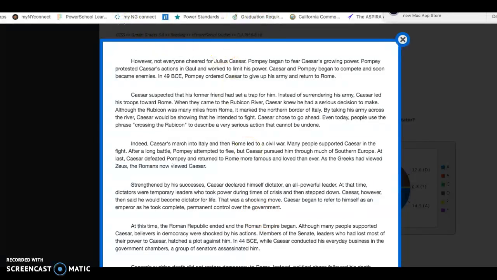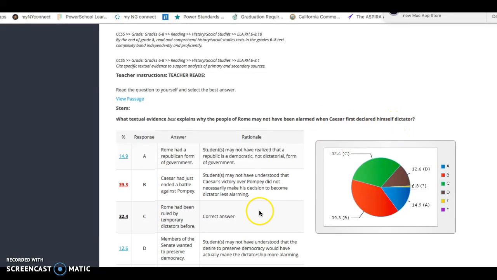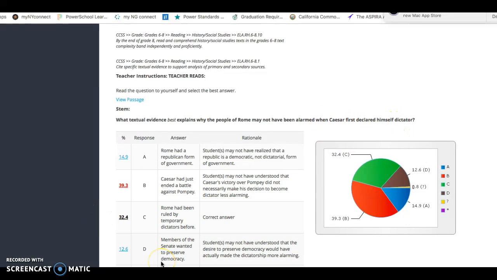So if you go back to the question, what textual evidence best explains why people of Rome may not have been alarmed when Caesar first declared himself dictator? Okay, so in this particular question, the bold is the correct answer. Most of the students chose that Caesar had just ended a battle against Pompey.